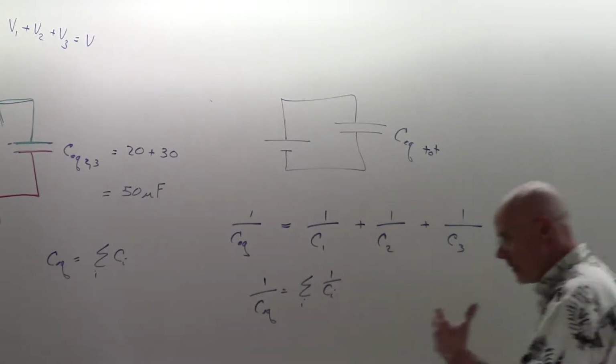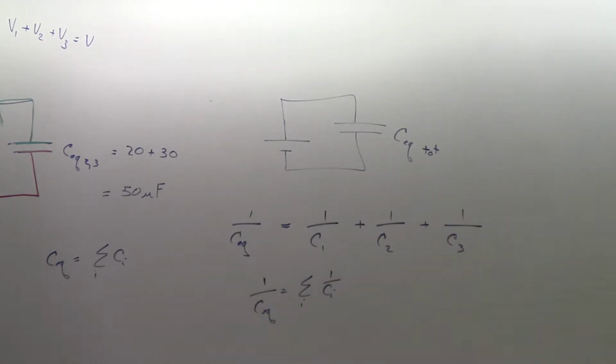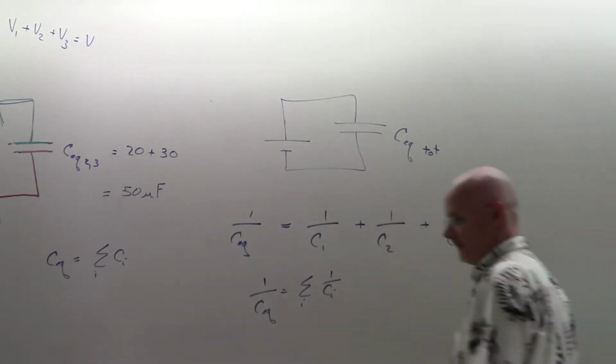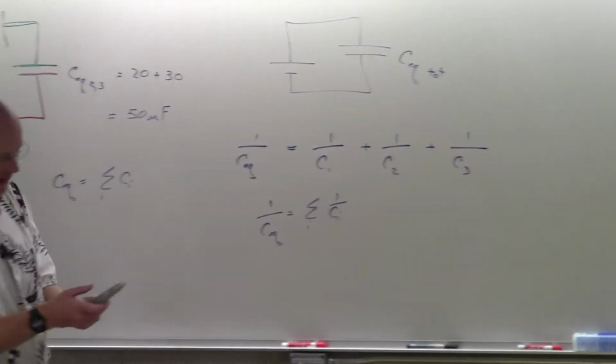And then it makes that reciprocal key a nice button again, because I can put into my calculator fairly quickly the reciprocals of each one, and then just take the reciprocal of all of that.